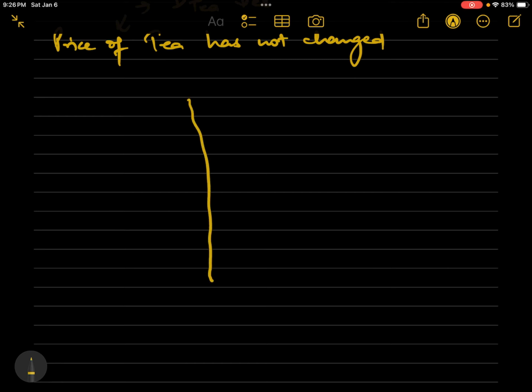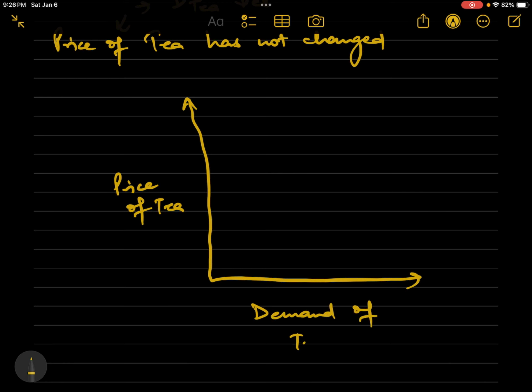How will we show it? So you have a graph. This is price of tea and demand of tea. When we are showing this relationship, we are showing a demand curve here. So your original demand curve is this. Price is the same. We are not changing the price.